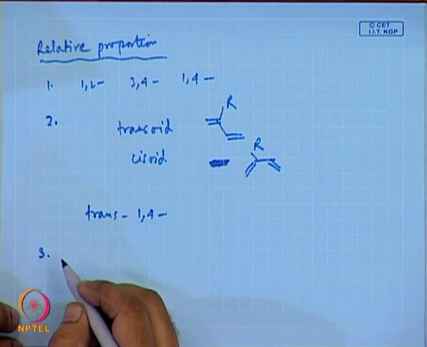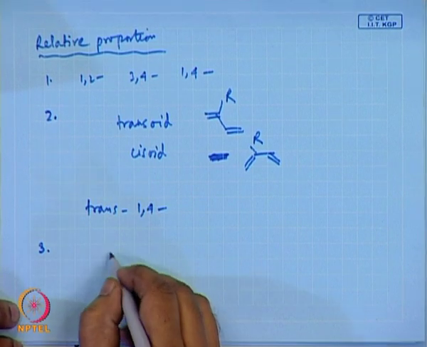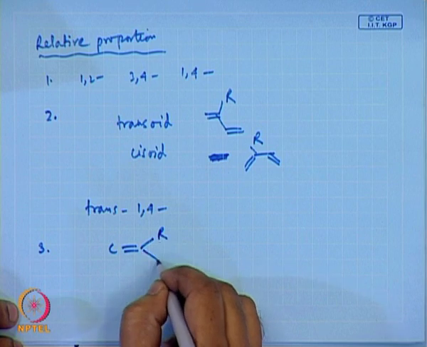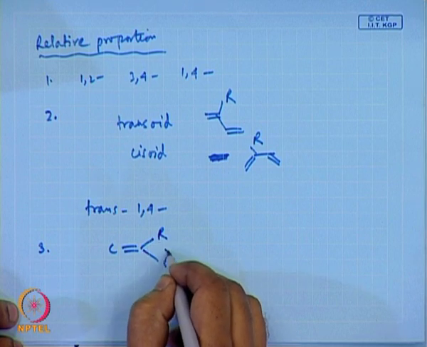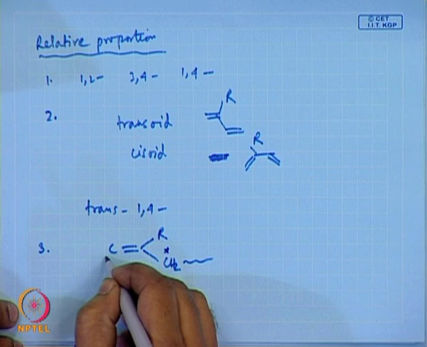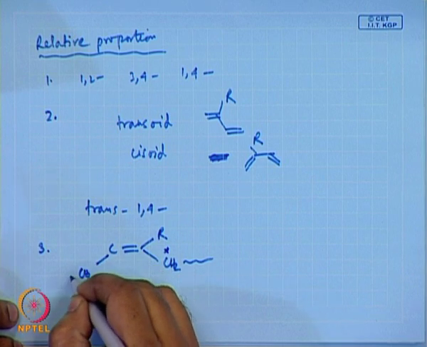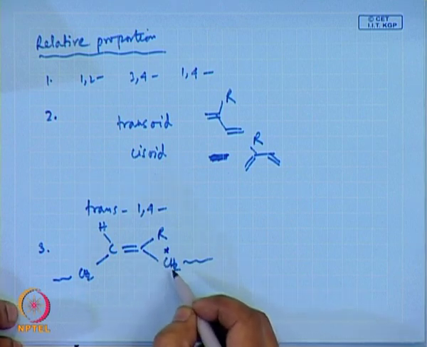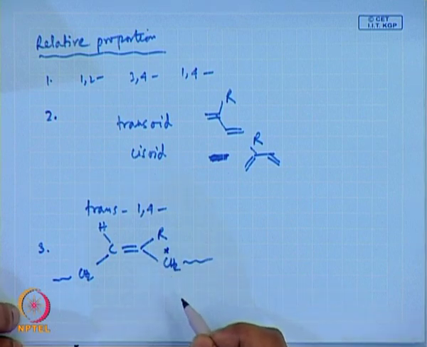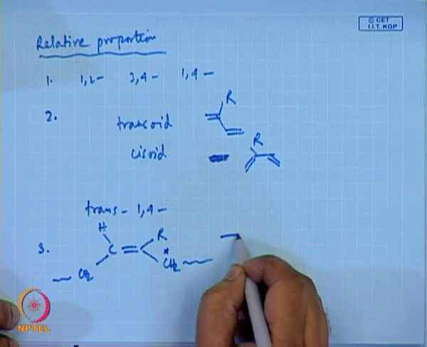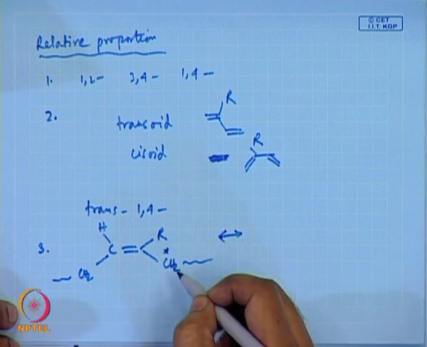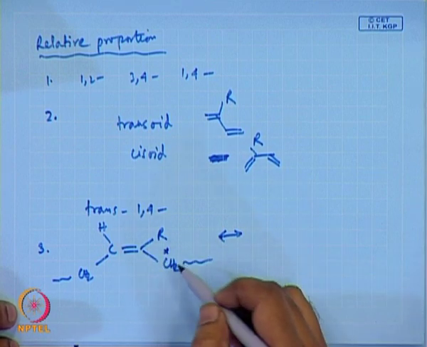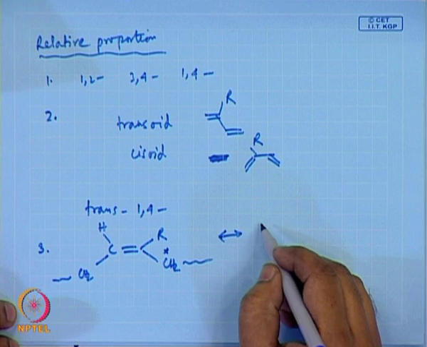Now, there could be isomerization among the intermediate states. Now, if I write this, this is a propagating chain end, and this will take part in resonance.